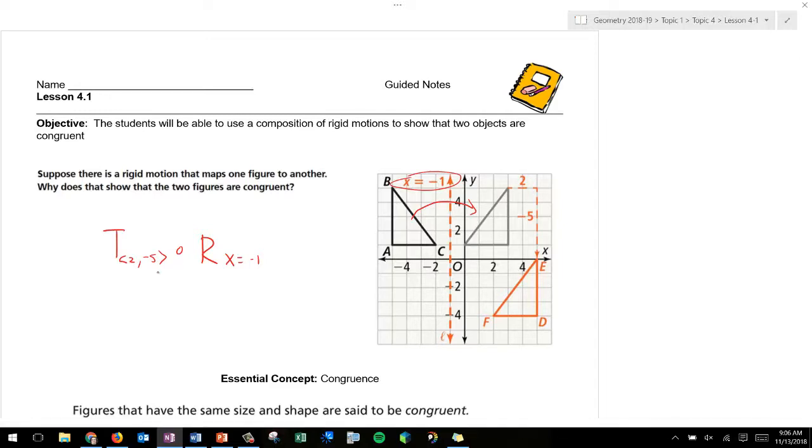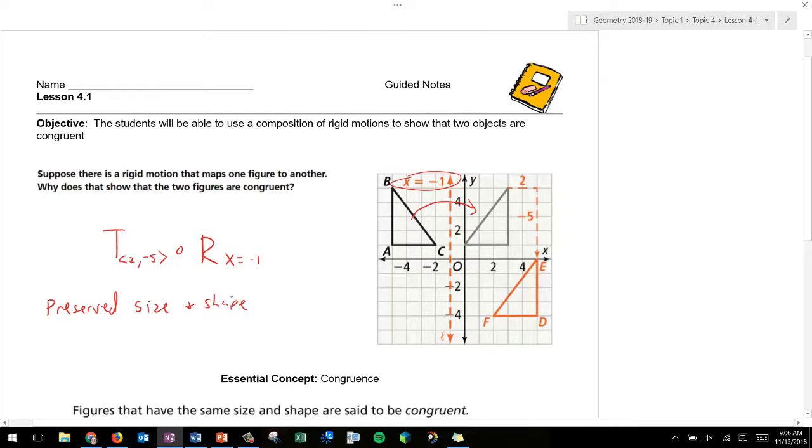If you think about our entire section of transformations, we also called them rigid motions, and we said that in a rigid motion, the figure preserved size and shape.